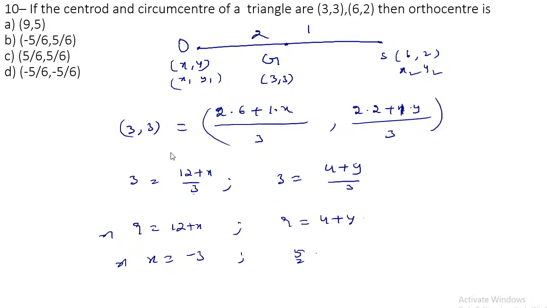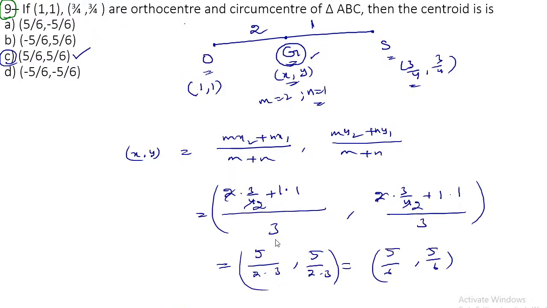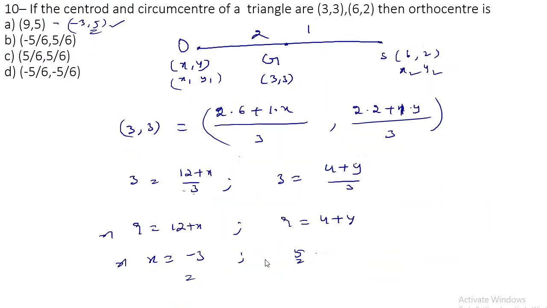So 3 into 3 is 9, 9 minus this, so this must be (minus 3, 5). Minus 3 comma 5 is the answer. So the options are wrong. Minus 3 comma 5 is the orthocenter.